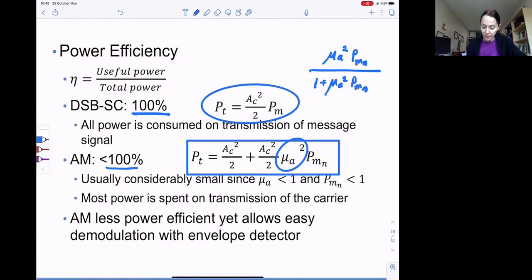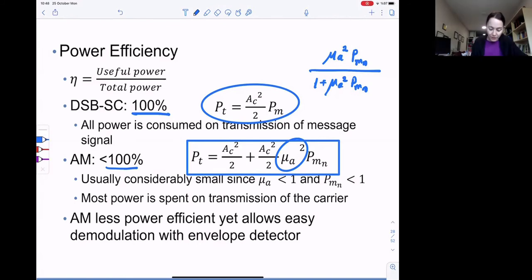And depending on the value, so if PMN is around 1, for example, and if mu a is 0.5, then this will be 0.25 divided by 1.25, right? Which is 1 over 5, 20%, which is pretty small as an efficiency.